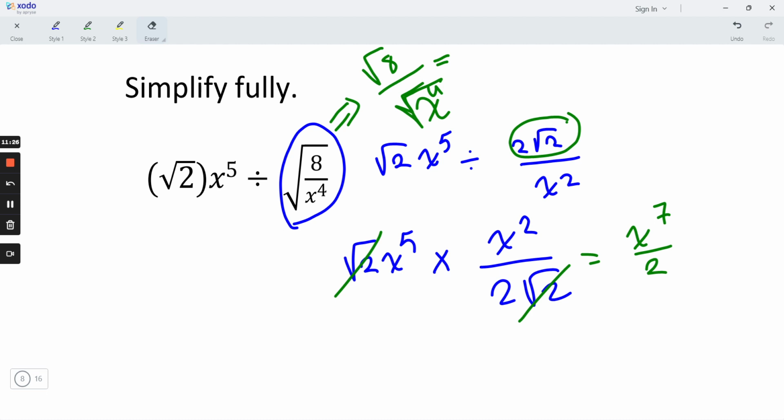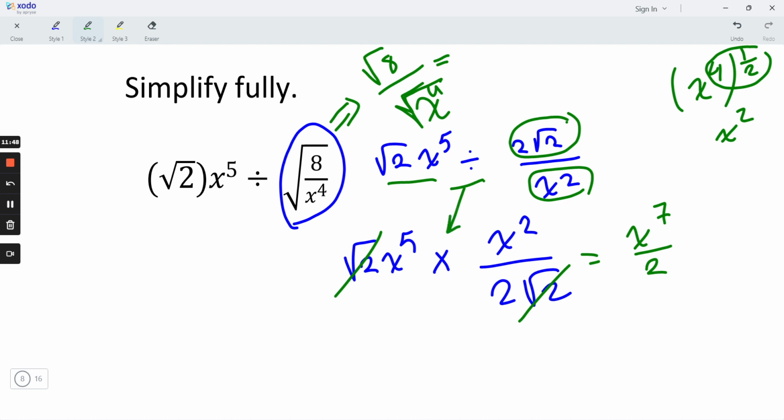It's x^4 to the power of half. You are multiplying a square, because power to power will get x^2, and this is what we got here. Then keep, change to multiplication, then flip. So you will get x^7 over x over 2.